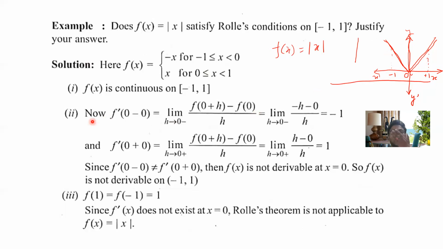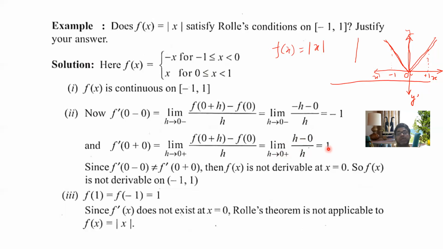Now you want to find the differentiability at 0. The left derivative f dash 0 at 0 minus is limit h tends to 0 minus of f of 0 plus h minus f of 0 by h, which is limit h tends to 0 minus of minus h minus 0 by h, which is equal to -1. And the right derivative at x equals 0 is limit h tends to 0 plus of f of 0 plus h minus f of 0 by h, which is limit h tends to 0 plus of h minus 0 by h, which is equal to 1.